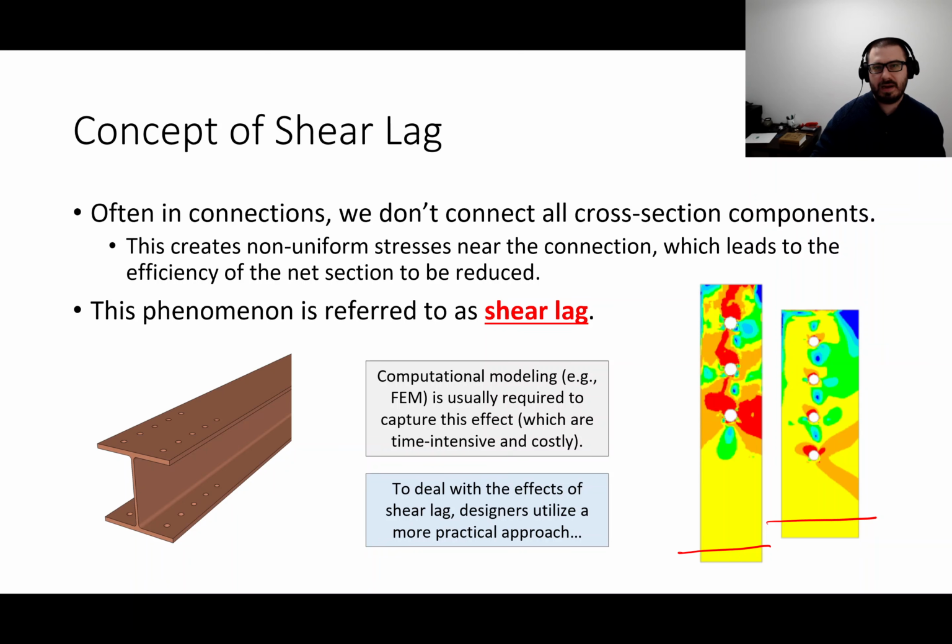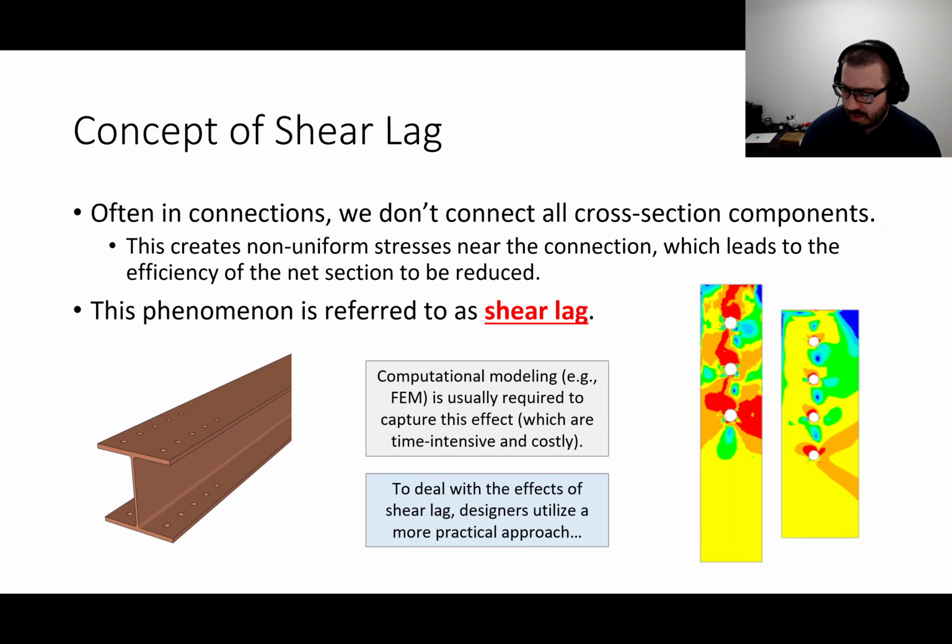Out in the main body of the member, the gross section, the stresses are very uniform. You can tell that because the contour is yellow, okay, it's all one color. The difference in colors on these plots represents the changing of stresses, how much the stress changes from one region to another. You might find blue regions have very low stresses, and red regions have very high stresses, and what have you.